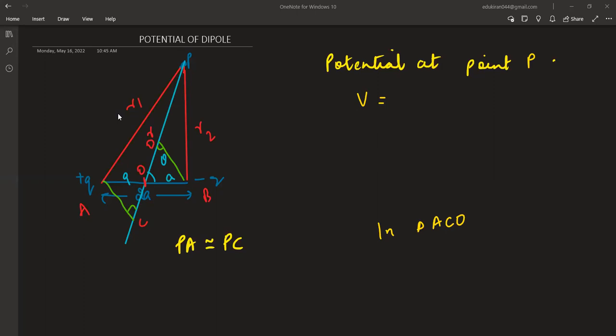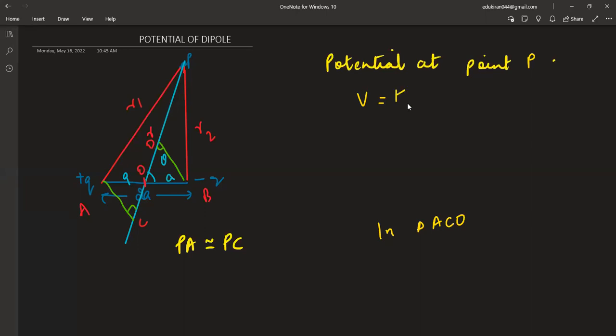If we are calculating potential due to a point charge, charge is given, separation is given, so what is the general formula? Fia, your answer? KQ by R, sir. KQ by R. Yes, that is the general formula. Please do not forget that class. These general formulas, for forces, for electric fields, for potential, are the basics of your electromagnetism. All right.